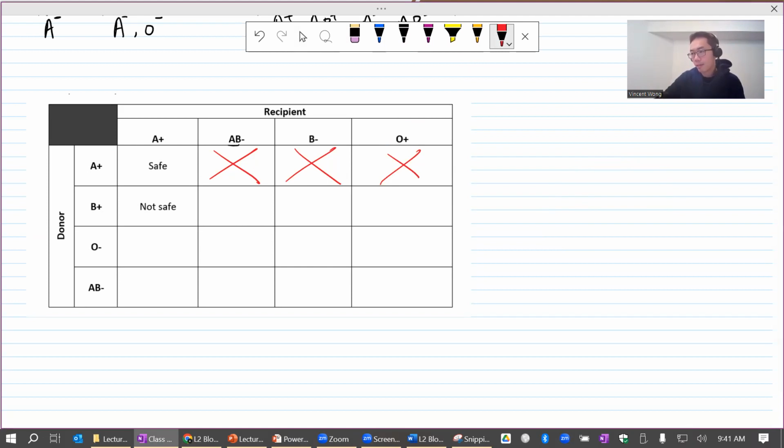Just stop me if you need me to explain why something is safe or not safe. Okay, next one. Not safe because positive cannot be given to negative. Same reason. And then this is also not safe because B cannot be given to O. Look at the cheat sheet.